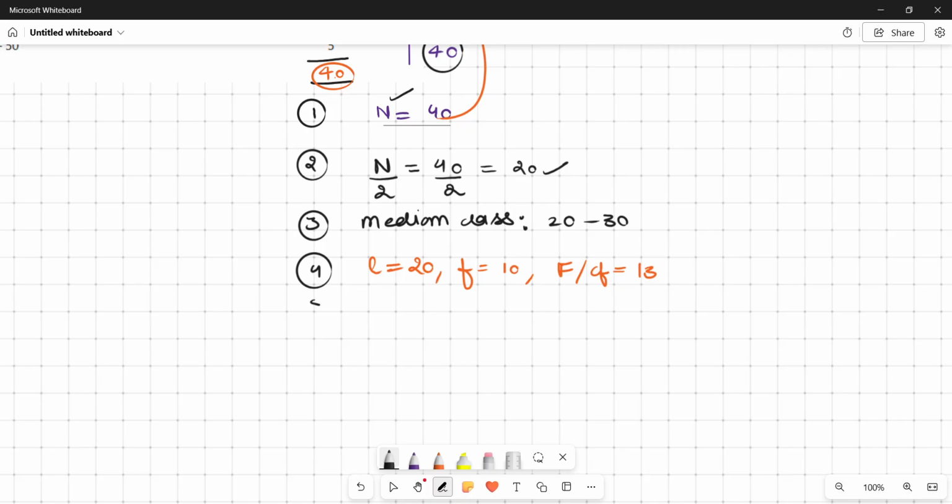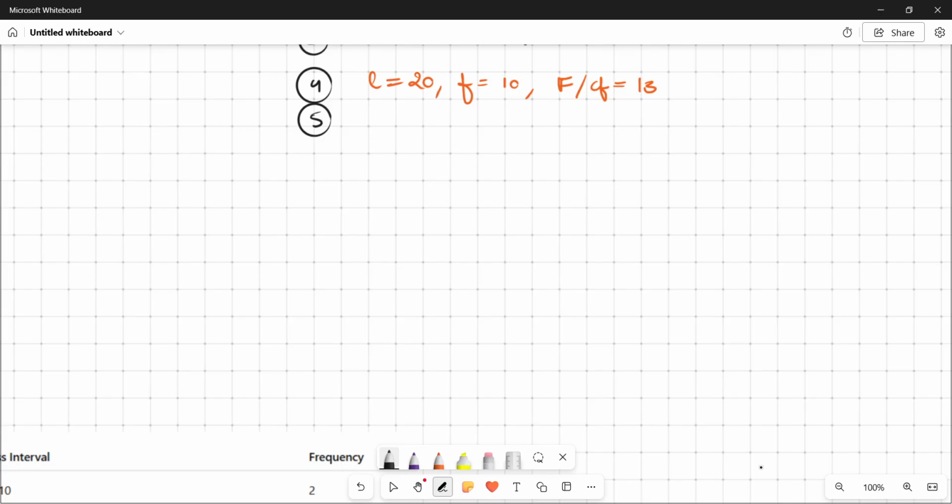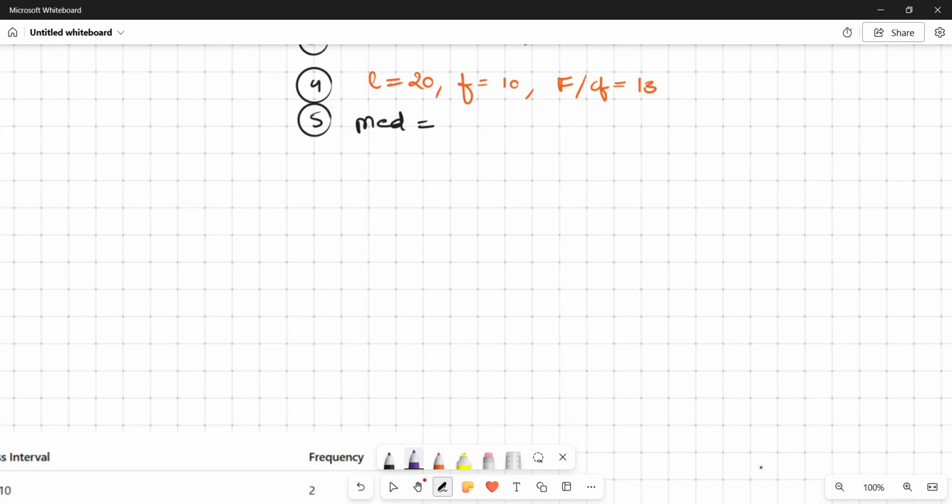The formula that will be used for the median is: median is equal to L, that is lower limit, plus n by 2, the total frequency by 2, minus CF, divided by F, into H. I think you are aware of this term H, that is class height. Now we have L as 20 plus n by 2.